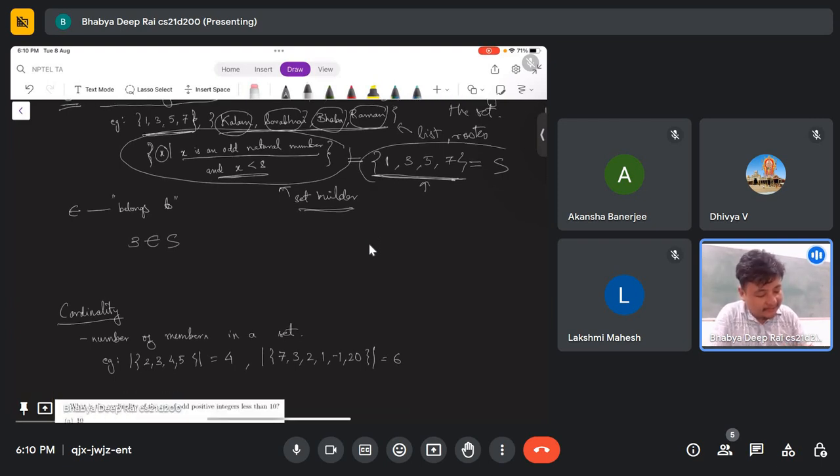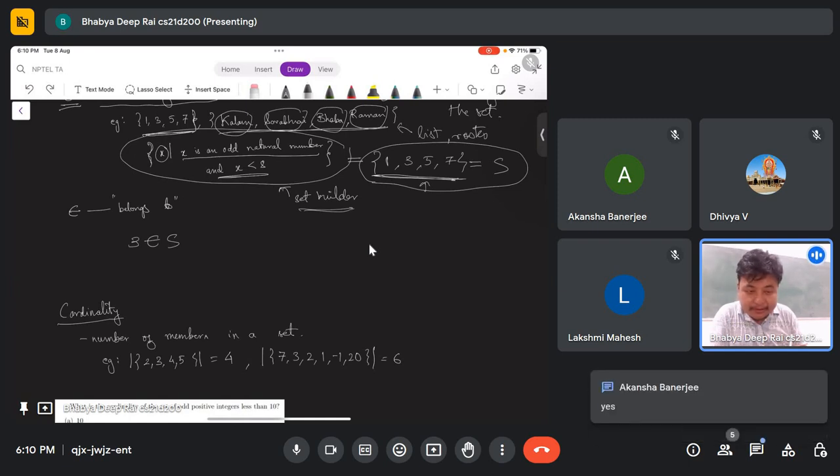This is my set S, and my question is whether 3 is in S. 3 belongs to S, so 3 is a member of S, right?